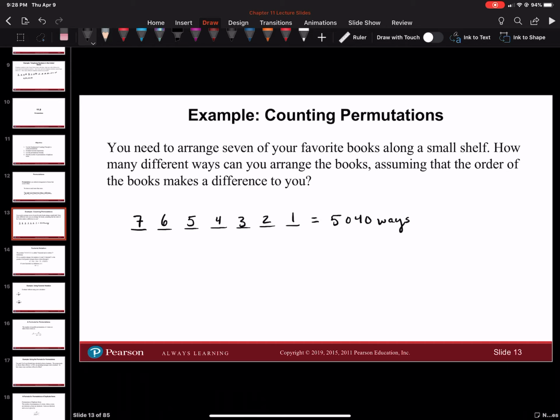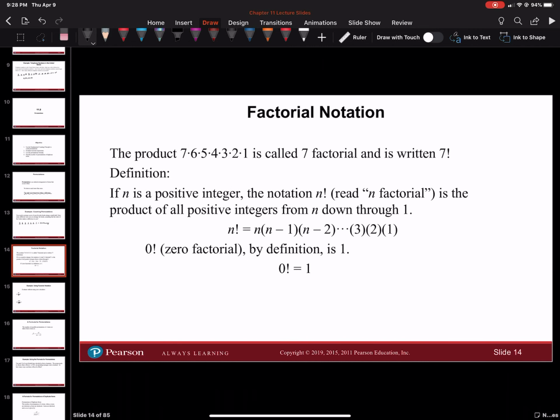So when you're doing these problems, make sure you're paying attention to what you're doing, because every time you use one up, you have to keep that in mind. Now, another way of looking at this is factorial form. The product of 7 times 6 times 5 times 4 times 3 times 2 times 1 is called 7 factorial. You may have seen it before, because it's written with an exclamation mark.